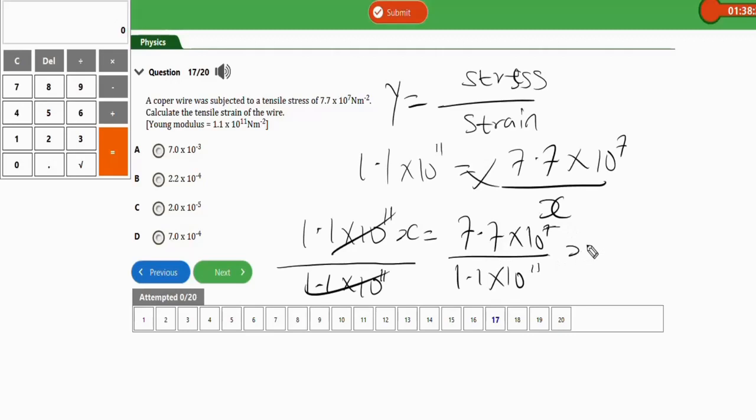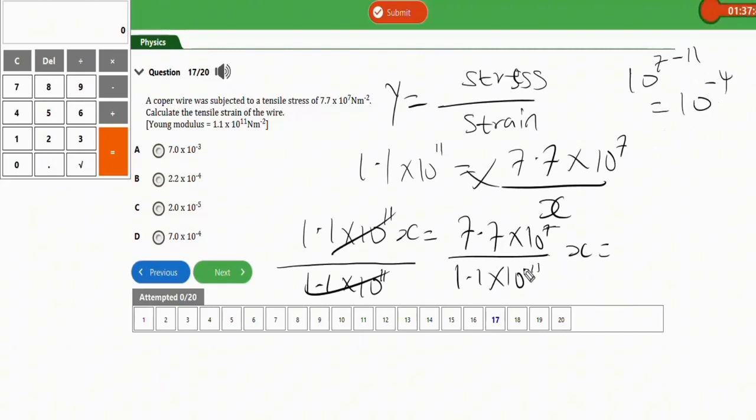Our x will now be, when you apply the law of indices, the base is the same, so it will be the base with the power 7 minus 11. This is 11, guys. So 7 minus 11, we have 10 to the power negative 4.